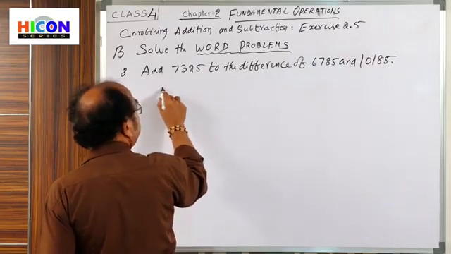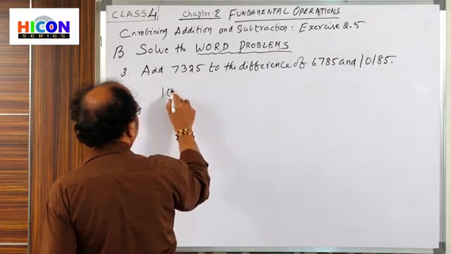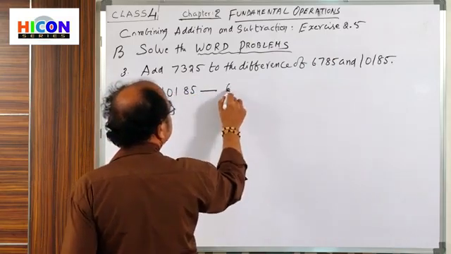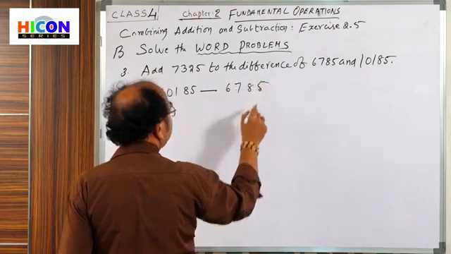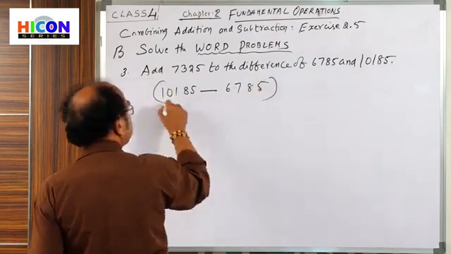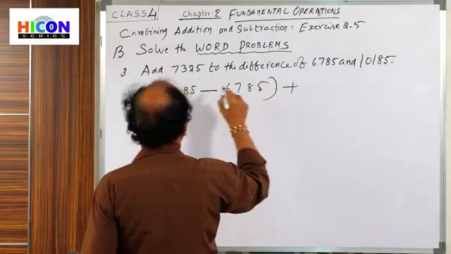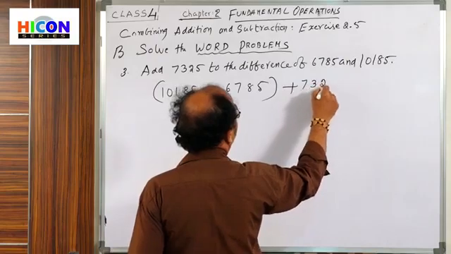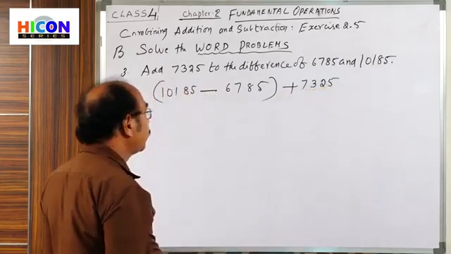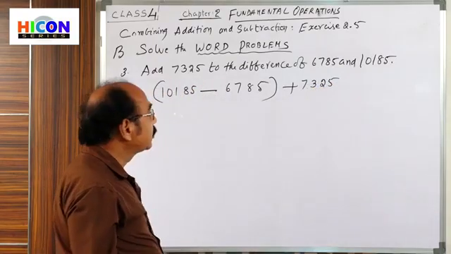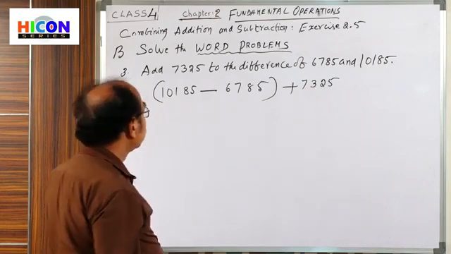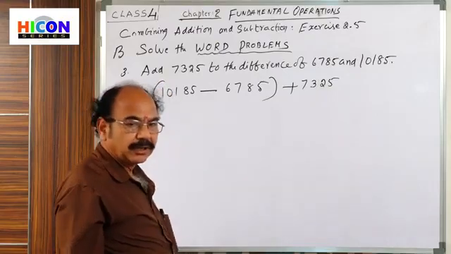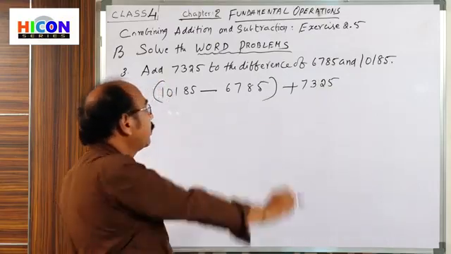So here 10,185 minus 6,785. To this difference, we add 7,325. Okay, students, that is the sum in the symbolic form.